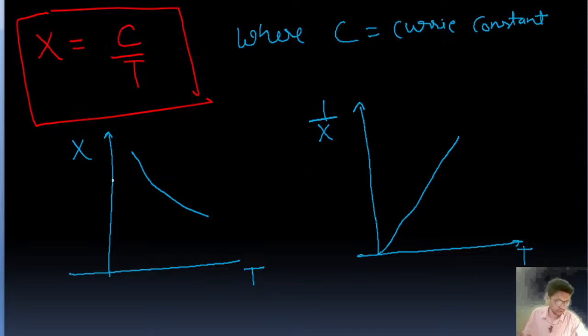These graphs are important, guys, they are asked in the examinations. So these are the two different graphs: chi versus temperature and 1 upon chi versus temperature for paramagnetic substances.